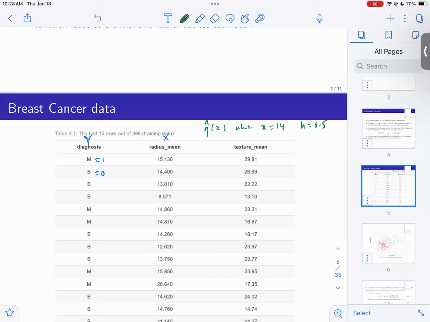This is saying any data point from 13.5 up to 14.5 is allowed.